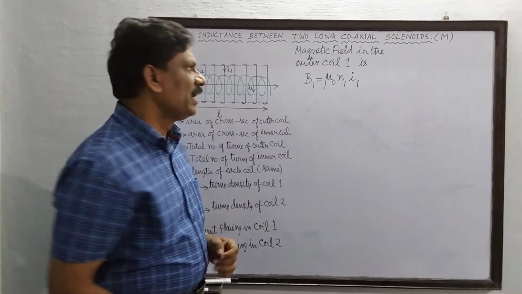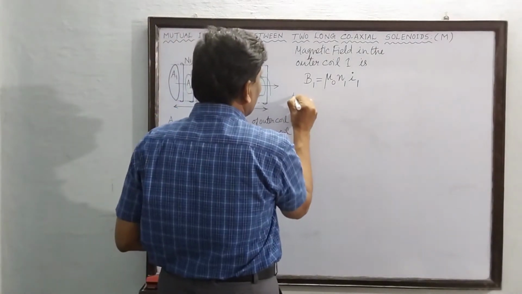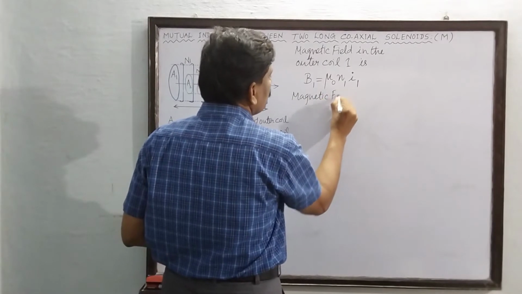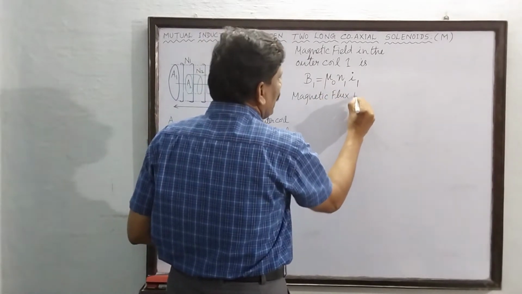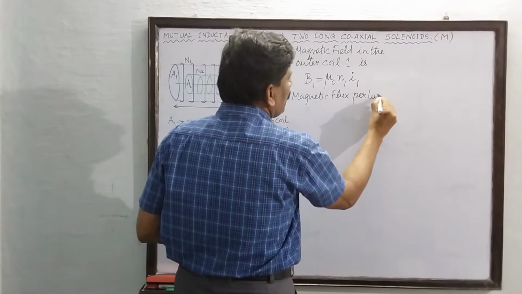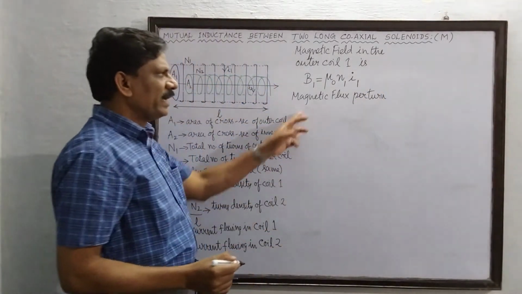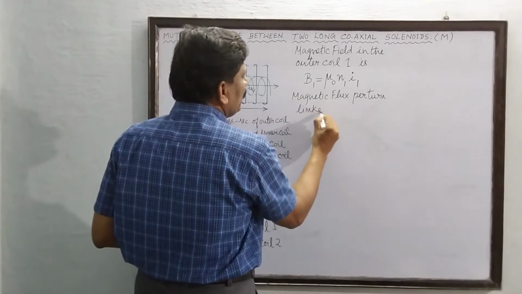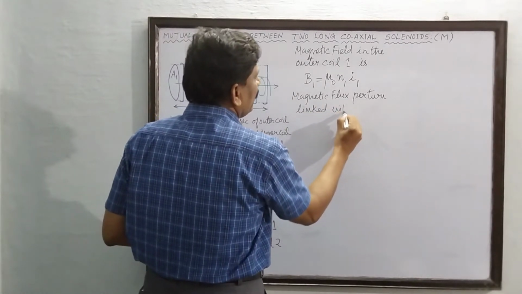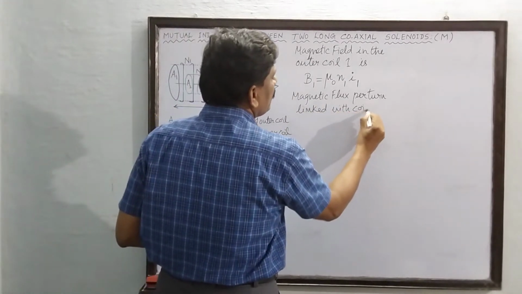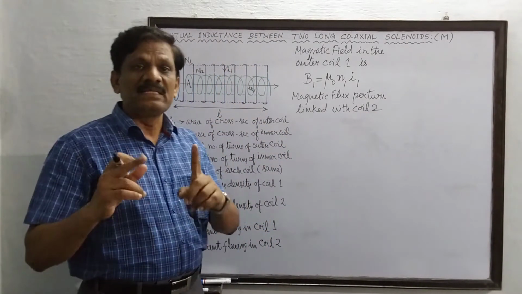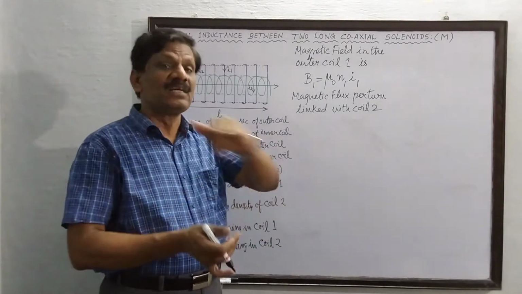For that, first I will write the magnetic flux per turn. Per turn means for each turn. Magnetic flux per turn linked with coil 2. So the second coil is in the presence of the magnetic field due to the first coil.